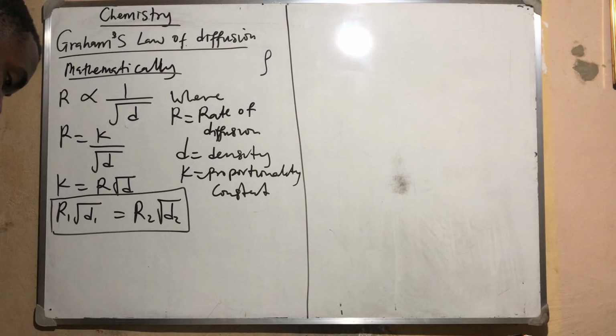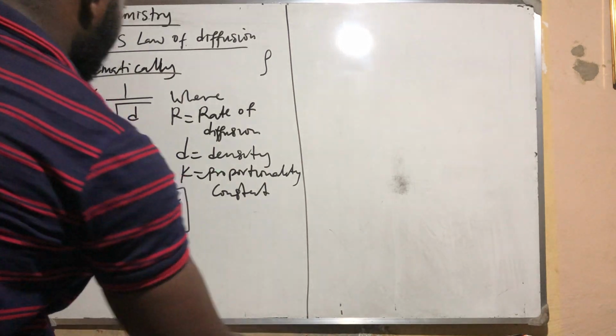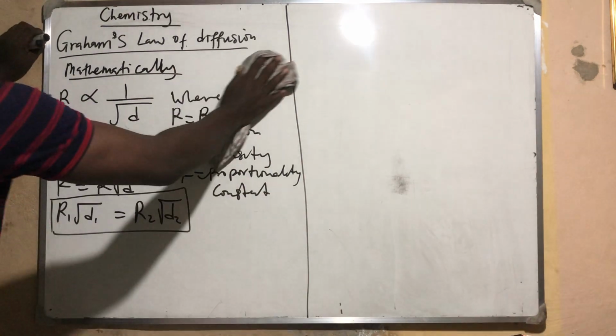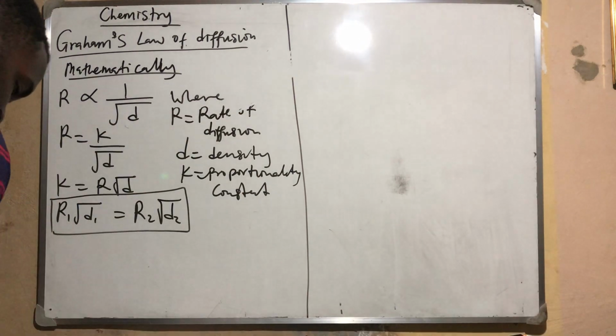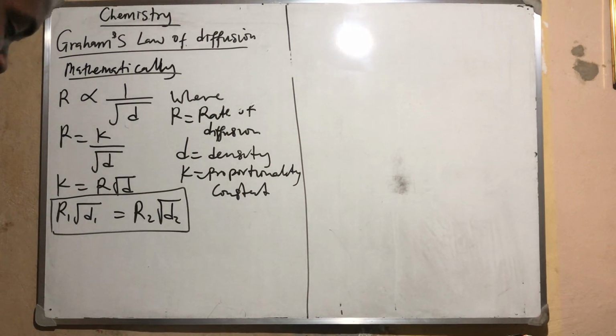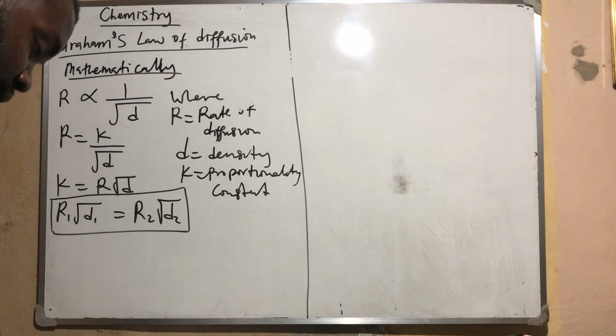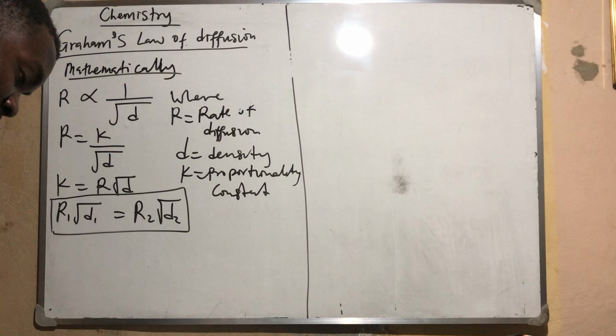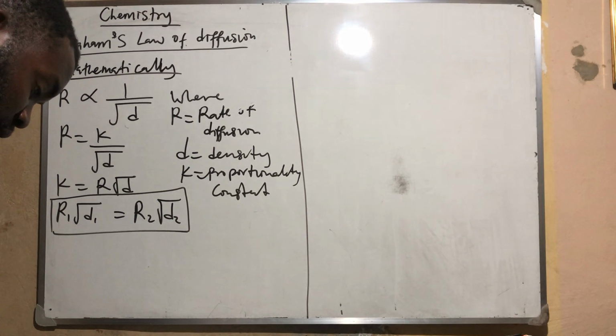So the next thing you need to know, let's consider the rate of two gases A and B. But we know that density or vapor density is directly proportional to the relative molecular mass.